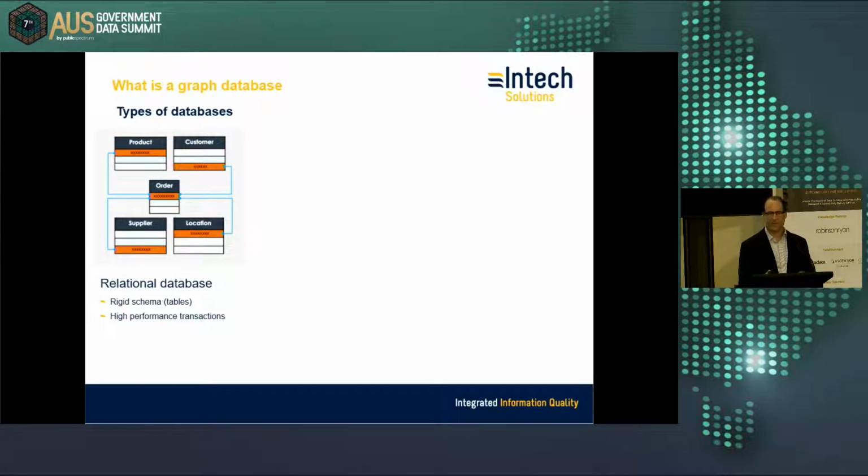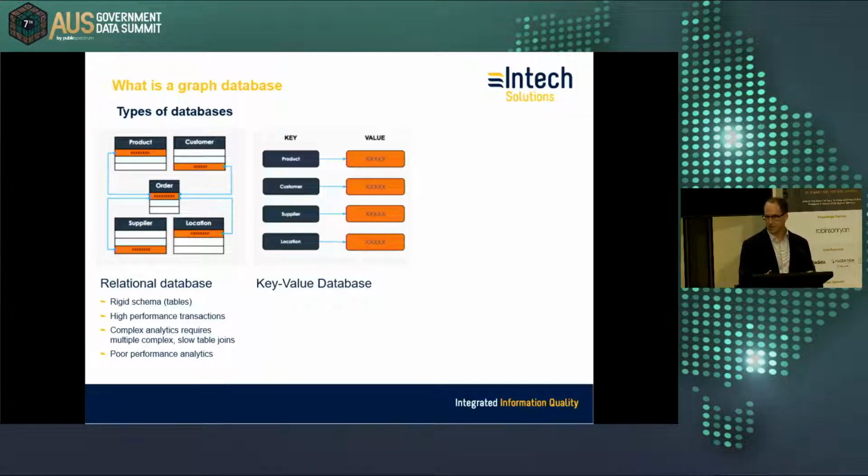It does offer high performance transactions and it's really built for transactional workloads. Complex analytics generally requires multiple tables to be joined multiple times and large table scans, which is not optimal for a relational database and generally provides poor performance in analytics, which is why people tended to move to key value.